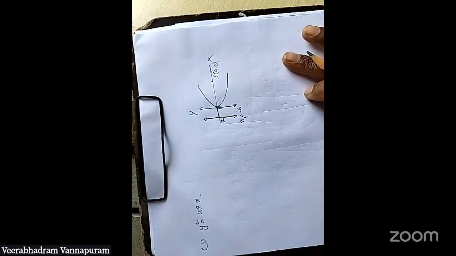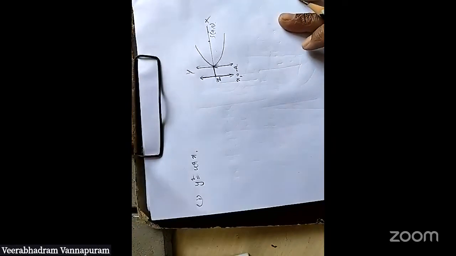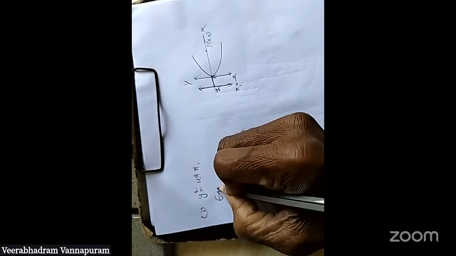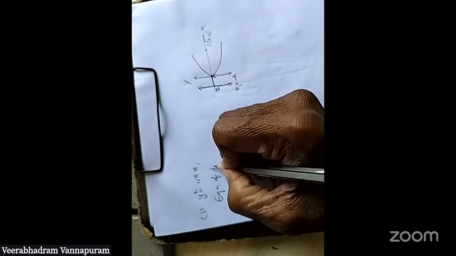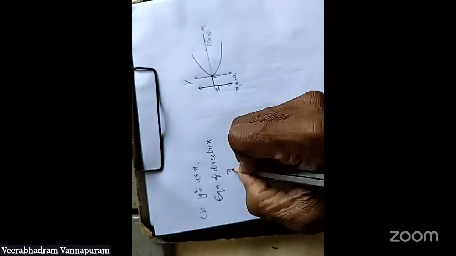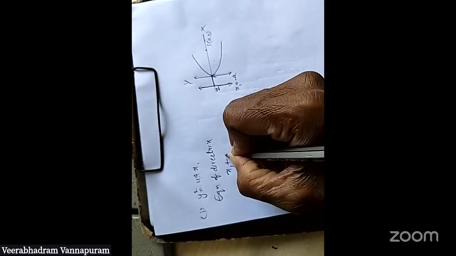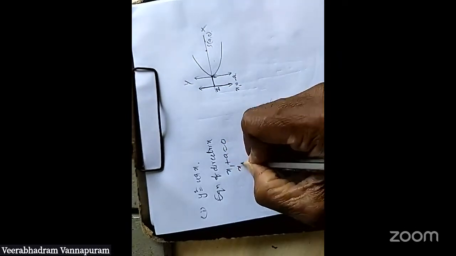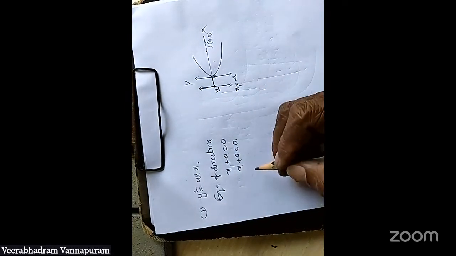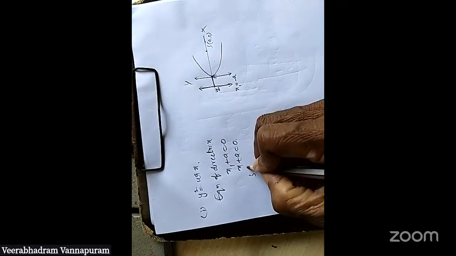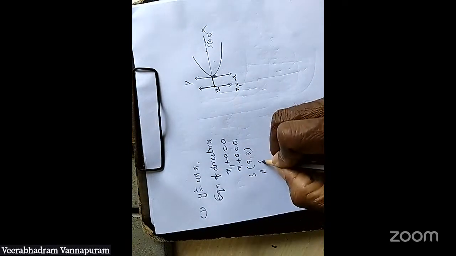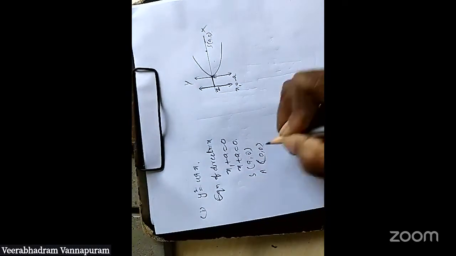That is, the equation of the directrix is x plus a equals 0, as you get by writing the locus of the point. The equation of the directrix is x plus a, the focus S is a comma 0, and the vertex A is 0 comma 0.